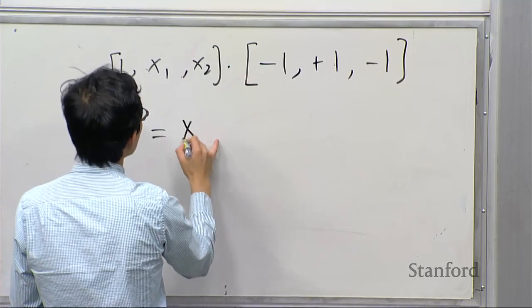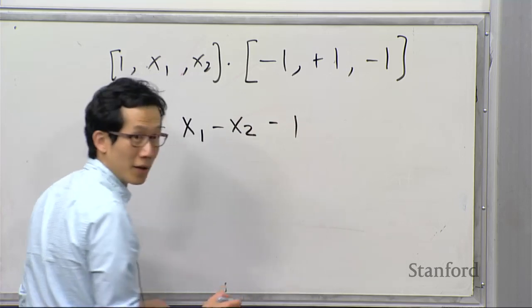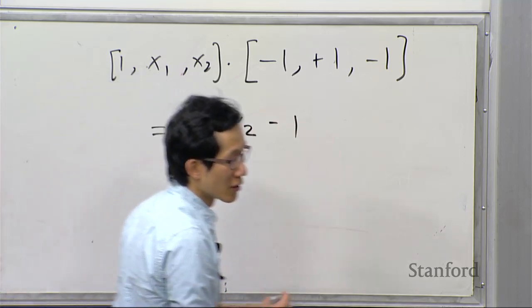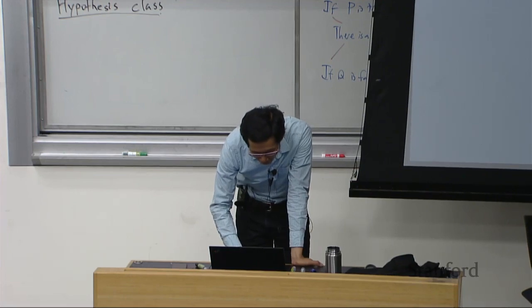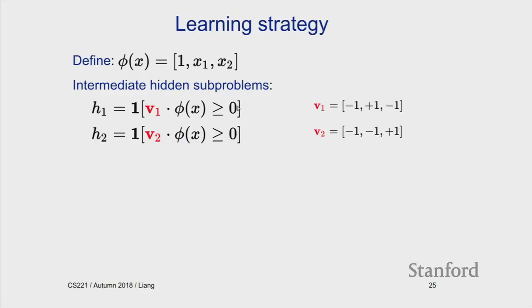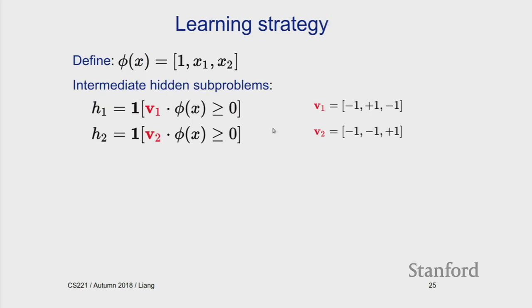This is x1 minus x2 minus 1. Okay? So this is what goes into the inner expression here. I'm testing whether that's greater than or equal to 0, which is exactly what I have here. So I'm just rewriting the solution in terms of these dot products.